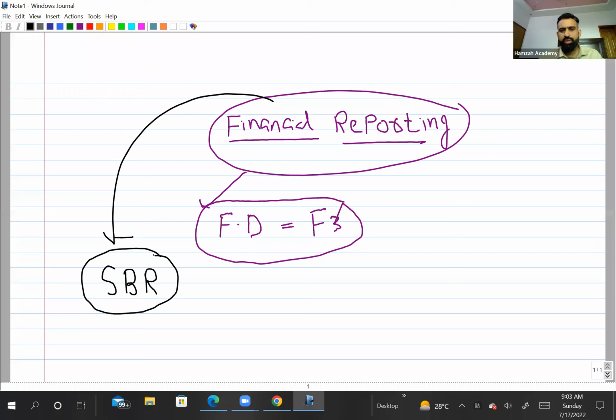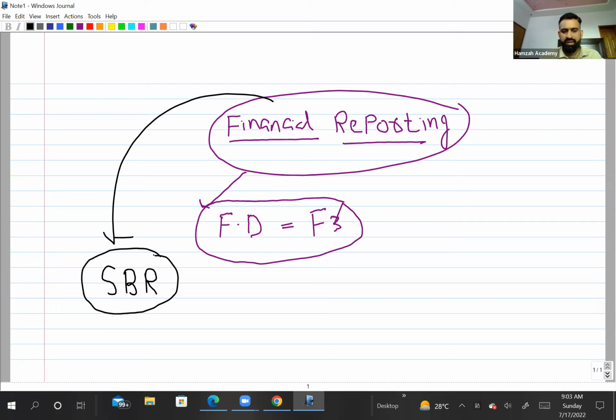It is a very important paper because in this paper we are not only preparing financial reporting, but it will be the base of SBR, Strategic Business Reporting, which is the final reporting paper in ACCA.